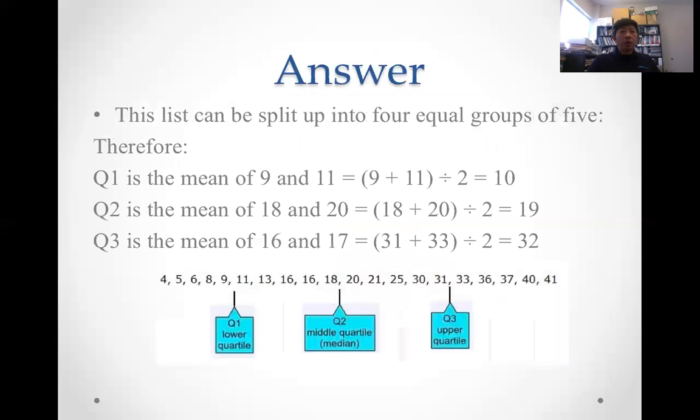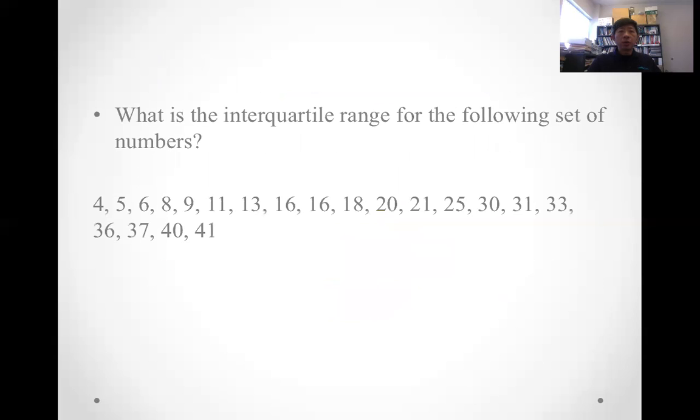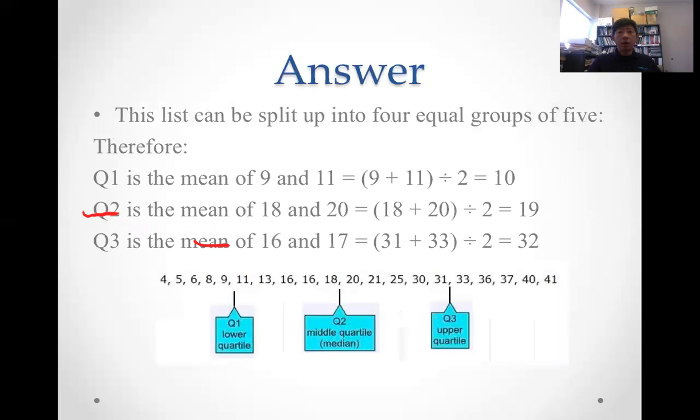All right, so here, what is the interquartile range for the following set of numbers? So in this set of data, we order from the least to the greatest, right? And then we find Q1.